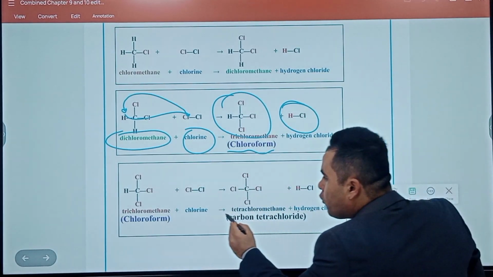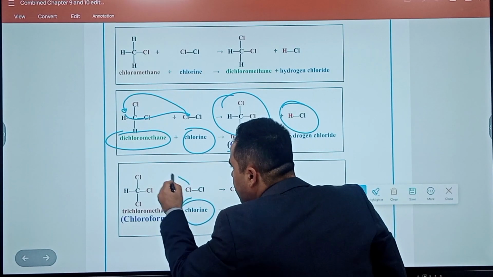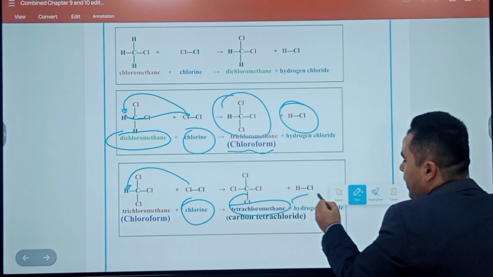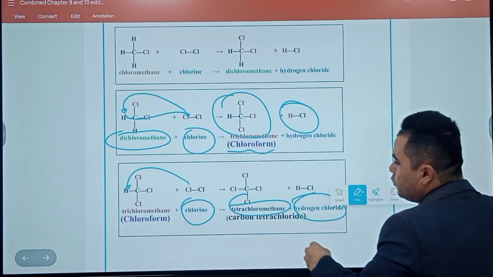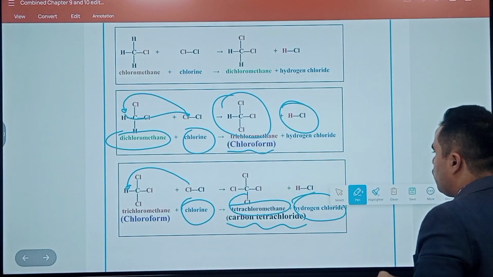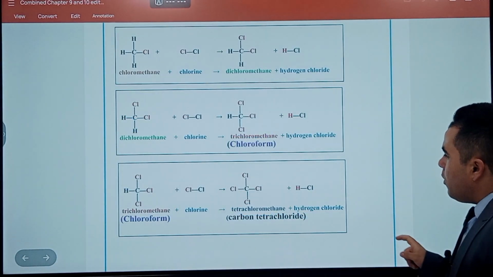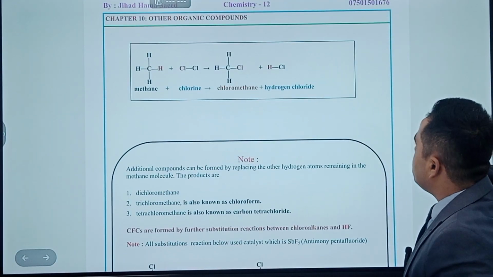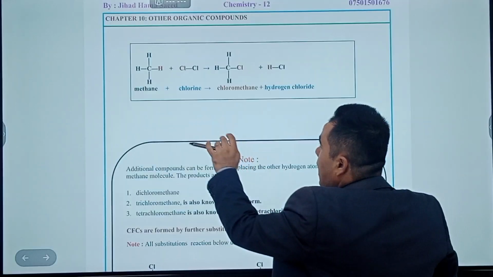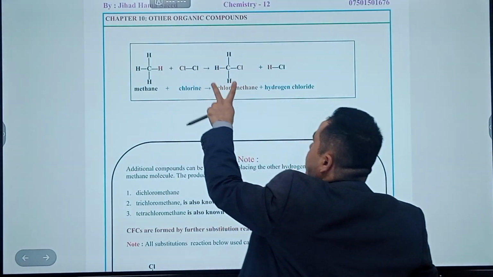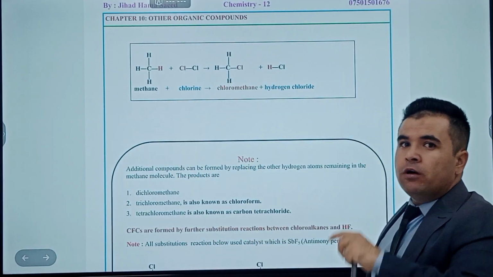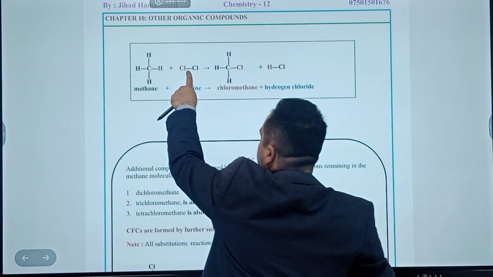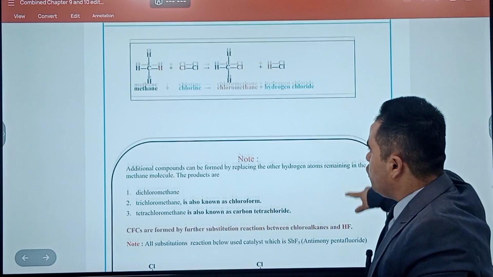And then the chloroform reacts again with chlorine, replacing to become tetrachloromethane plus hydrogen chloride, which is carbon tetrachloride or tetrachloromethane, CCl4. In the substitution reaction, guys, as I told you, two molecules react to produce two other molecules. One is going to replace the atom in the other molecule.